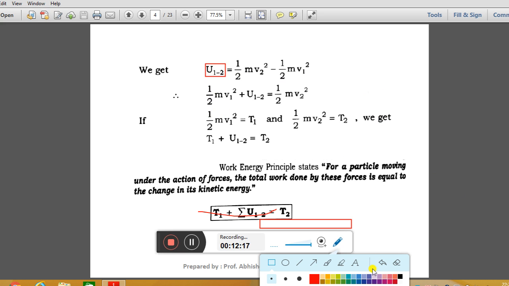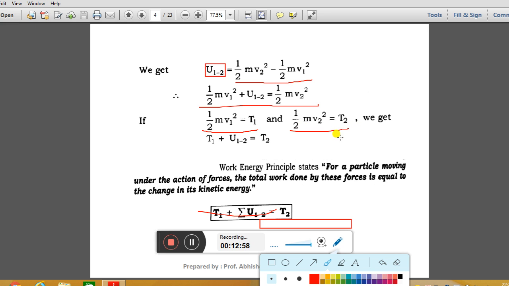Now we have taken the integration of the right hand side and we'll put the limits, so we'll get these terms. Now just rearrange this so we can write the above equation in this way. Here half mv1 square is equal to T1, the initial kinetic energy of the collar, and half mv2 square is represented by the symbol T2, the final kinetic energy of the particle.